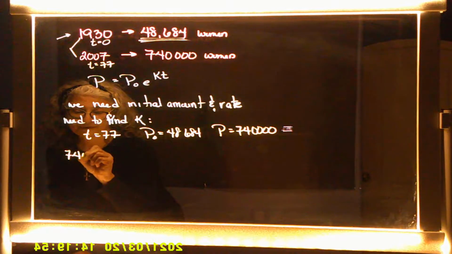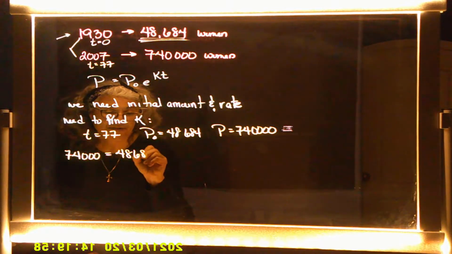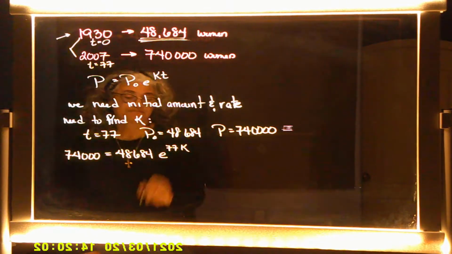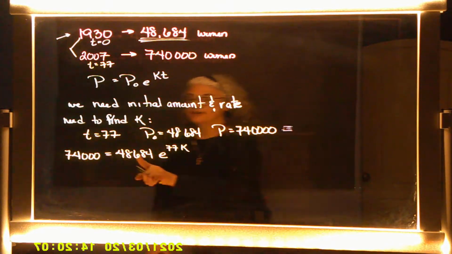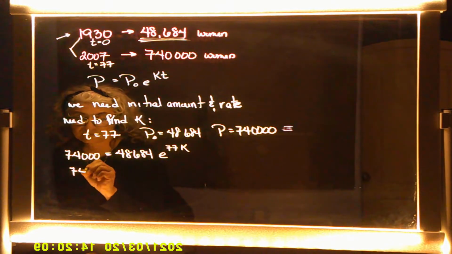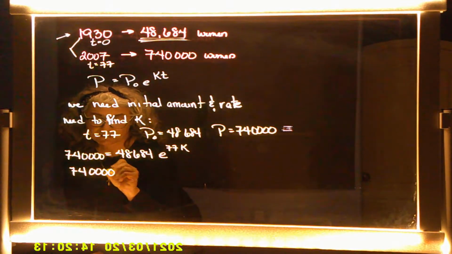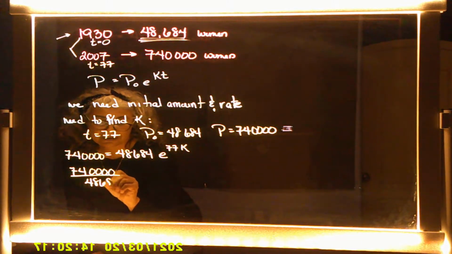So, 740,000 is equal to the 48,684 times e to the 77k. All right, what are you going to do first? Good, divide by that 48,000. Oops, I forgot 740,000. I forgot a 0. Always good to check your work.